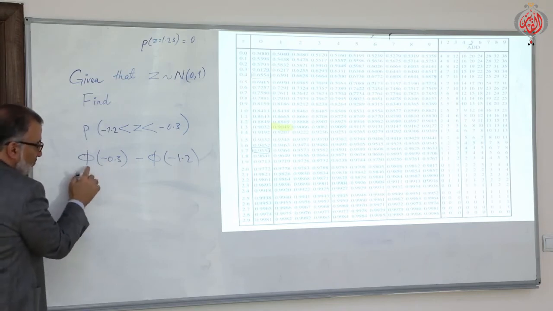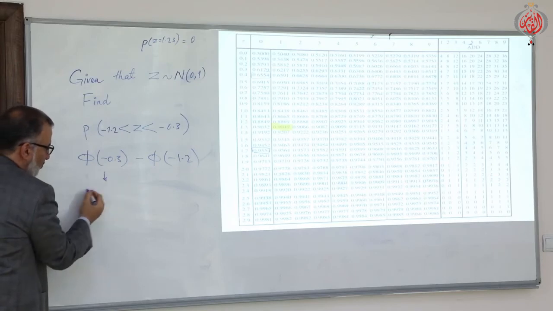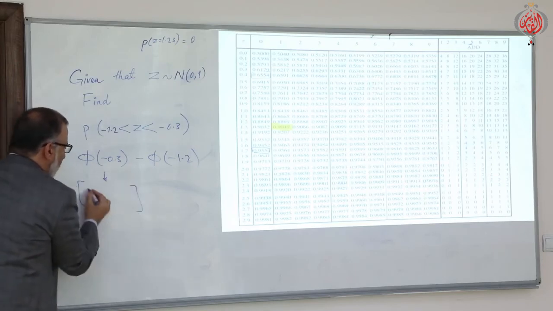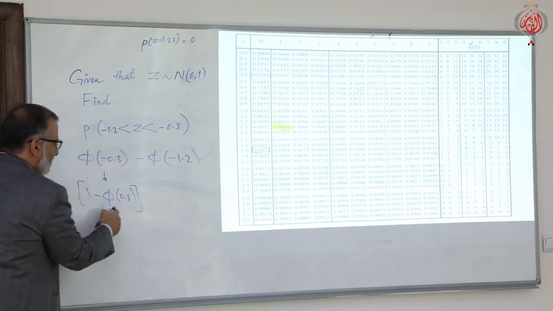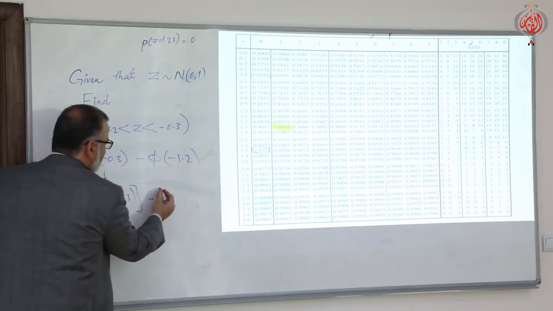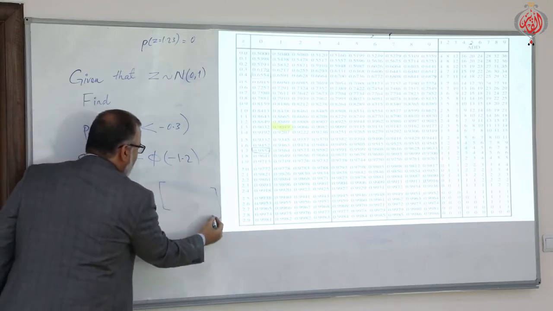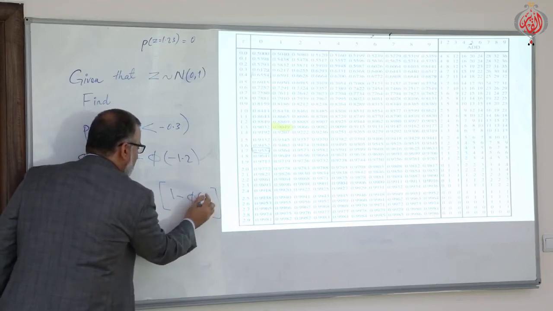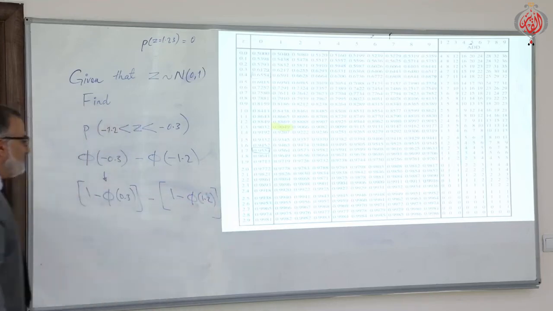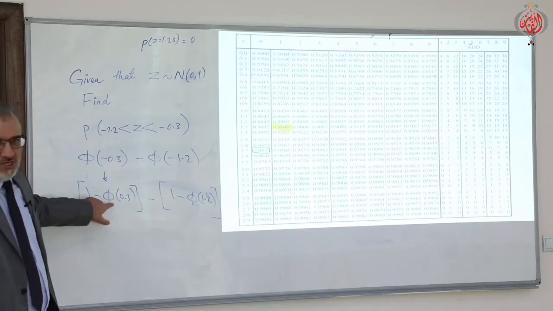How to change it? You will say that one is equivalent to 1 minus phi of that positive value. And this one is 1 minus phi 1.2. Now, can I get it from the table? Yes, phi positive you can.